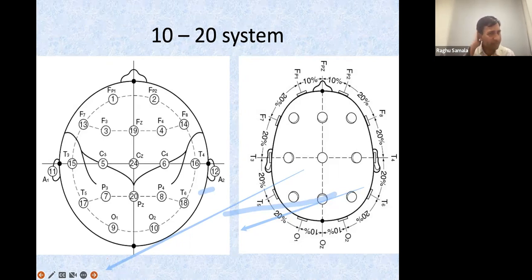Even numbers are on the right side, odd numbers are on the left side, and you have frontopolar electrodes, frontal F3 or F4, and central, parietal, and temporal. For the temporal you have 3 electrodes, for the occipital you have 1, and midline electrodes frontal, central, and parietal.